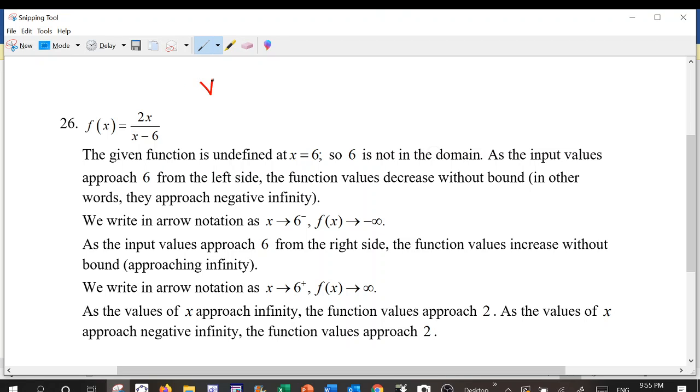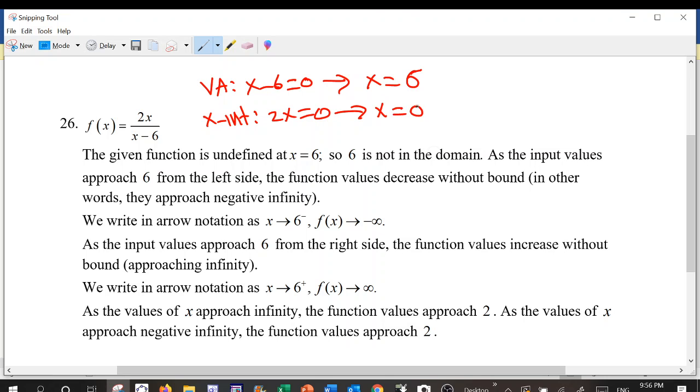Again, what's the vertical asymptote? Well, x minus 6 equals 0, so x equals 6, right? And what is the x-intercept? The x-intercept would be 2x equals 0, so x equals 0. And then what about the horizontal asymptote?